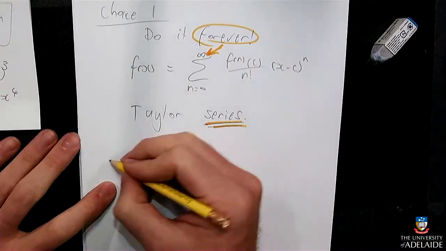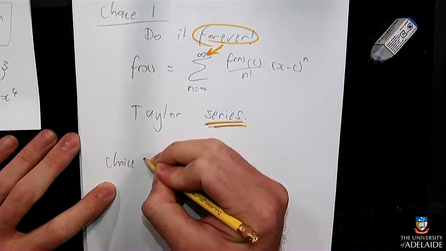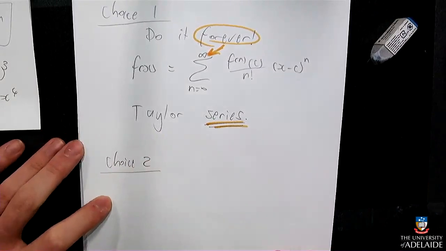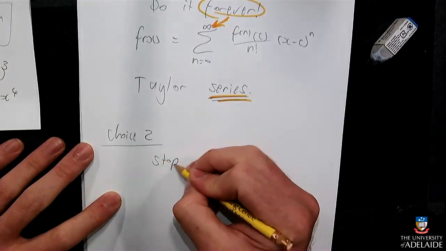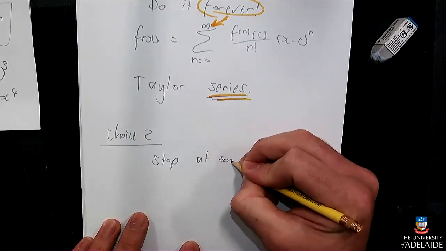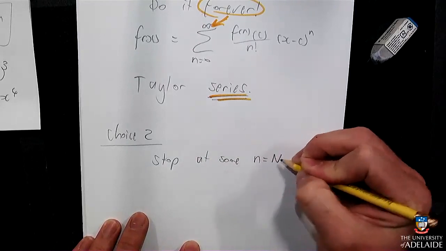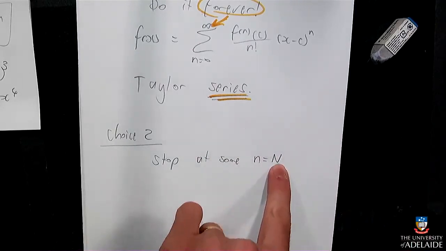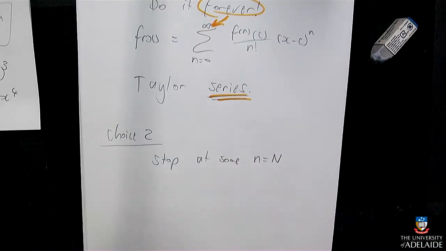Choice two, stop. So don't do it forever. Stop at some point. So we're going to choose a specific n to stop at, and I'm going to call it capital N, like the big N, the n that we get to.